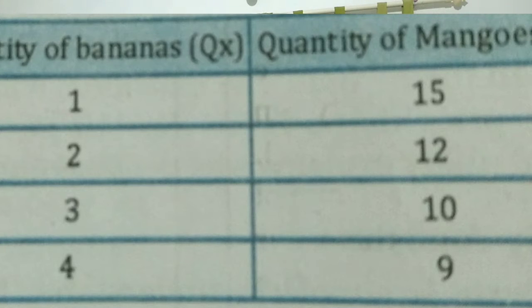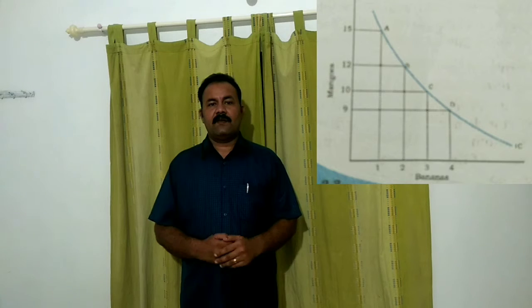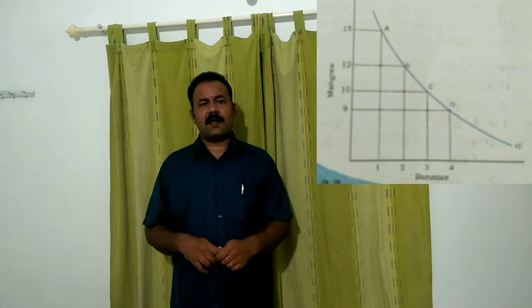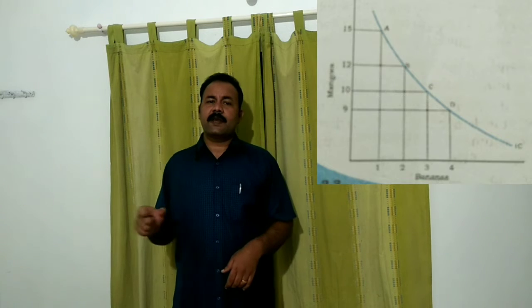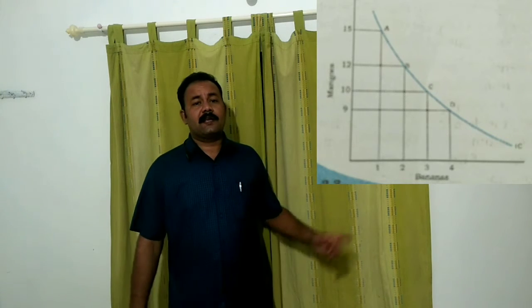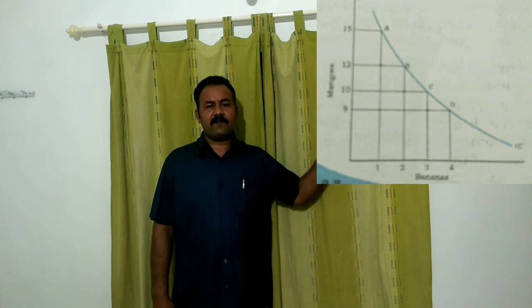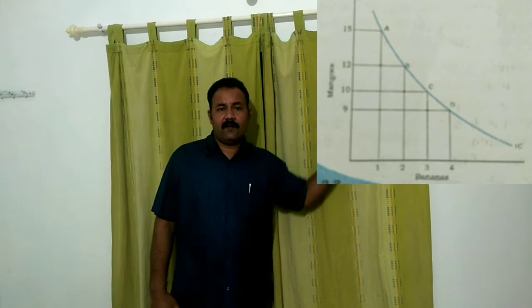If we plot these points, that is (1, 15), (2, 12), (3, 10) and (4, 9) in a diagram, we will get a curve. In this diagram, we are representing commodity 1, that is banana, on the x-axis and commodity 2 on the y-axis. If we plot these combinations in this diagram, we will get a curve.